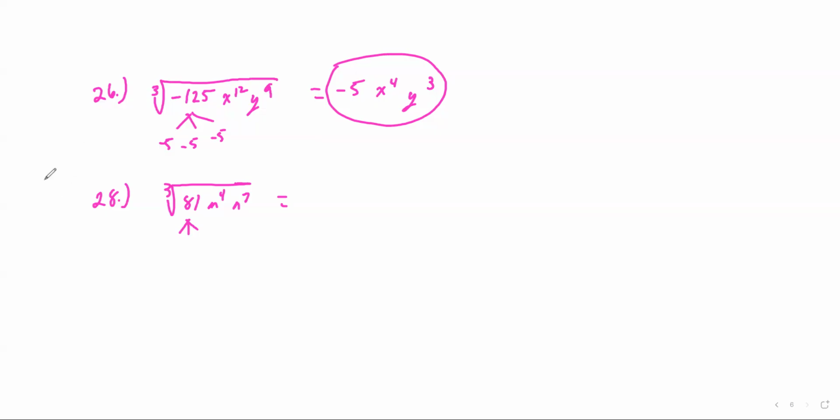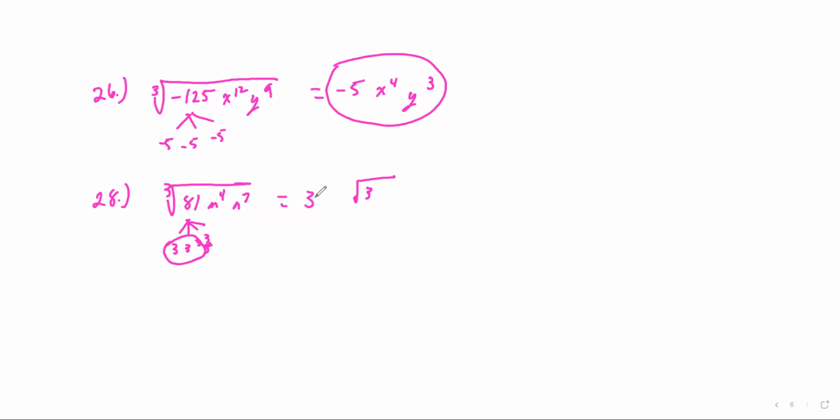So I don't think I have enough numbers, but I think I can go to 3. So 3 times 3 would be 9. So I think 3 times 3 times 3 times 3 would give me 81, but I can only handle 3 of them because it's a cube root. So this group of 3 would come out as one single 3, and then that would be your leftover inside the radical. So I was able to pull a 3 out, but a 3 had to remain in because, again, for a cube root, I need 3 of them to come out as one nice number.